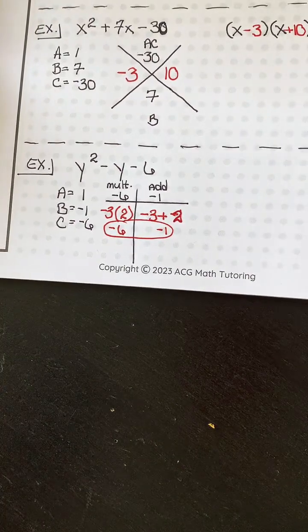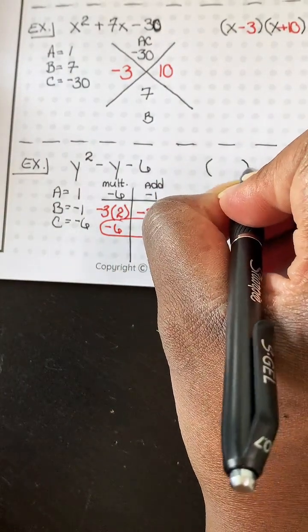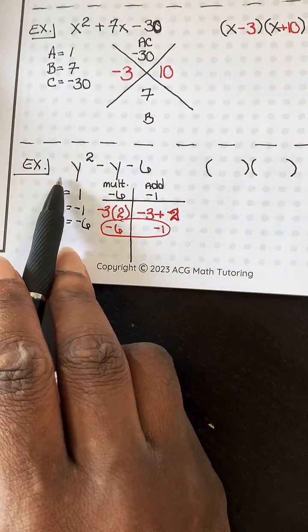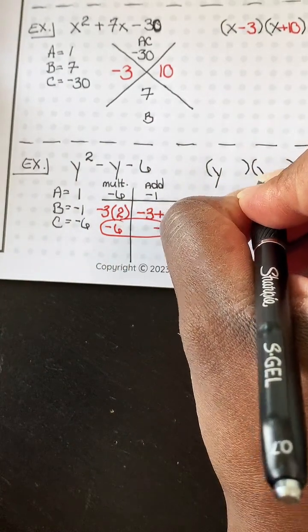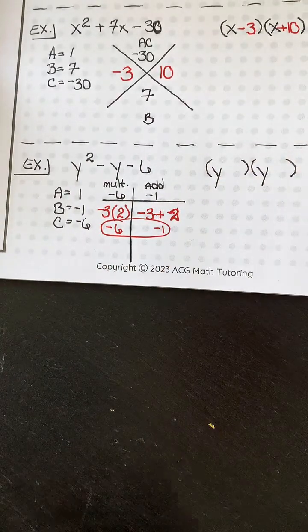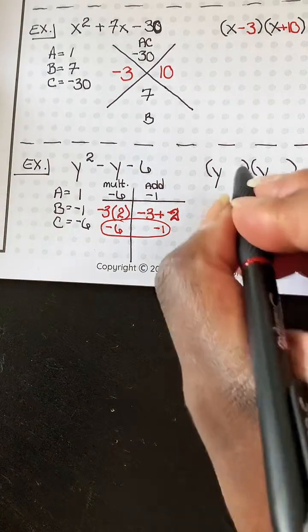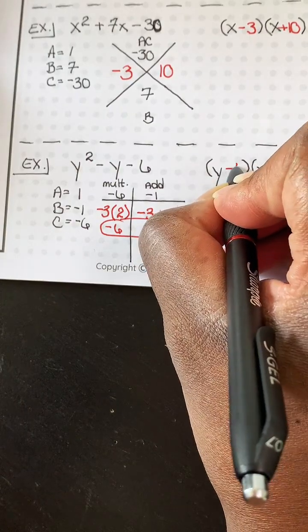So now I have my parenthesis. Since my leading coefficient is 1, I can go ahead and split my variable. Now the two numbers that we found for the factors are what's used to complete the expressions.